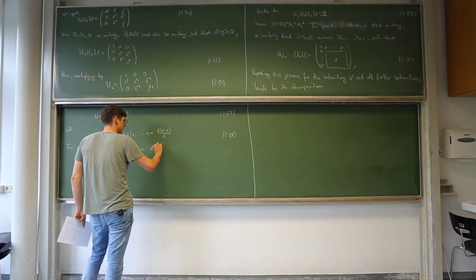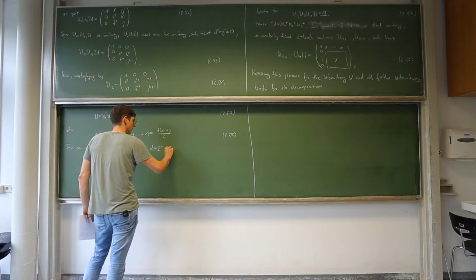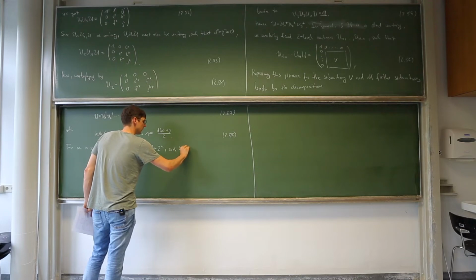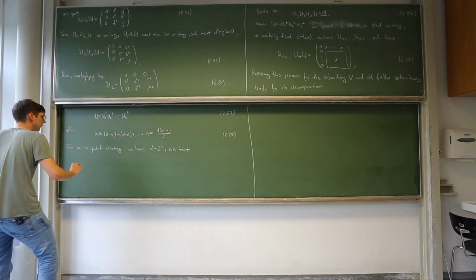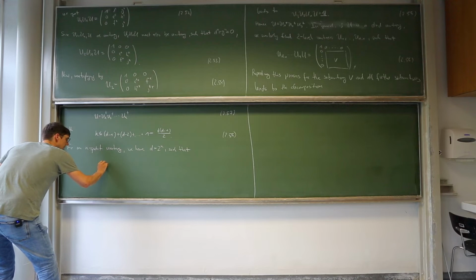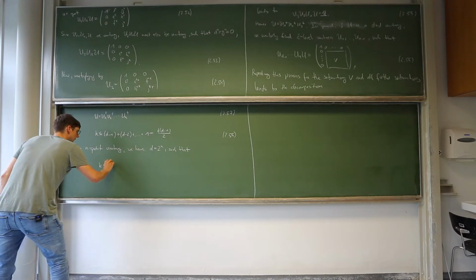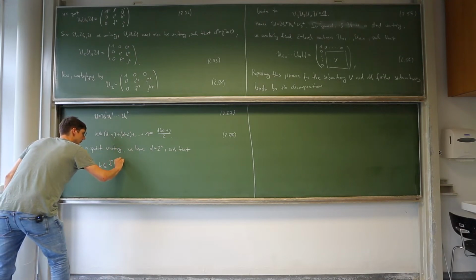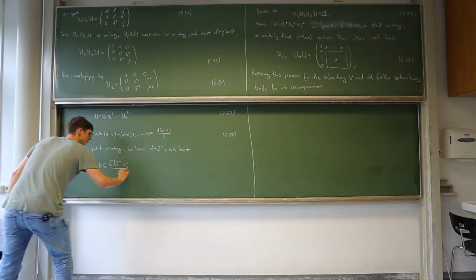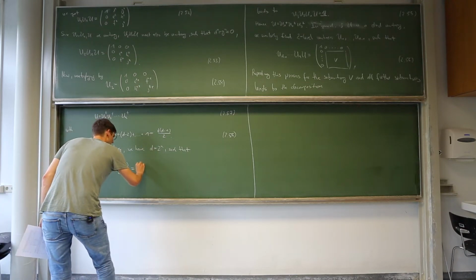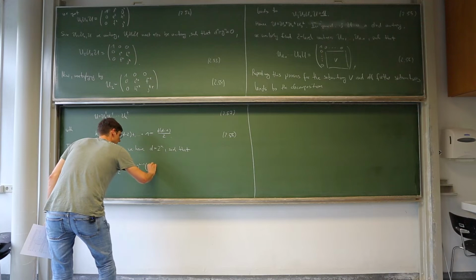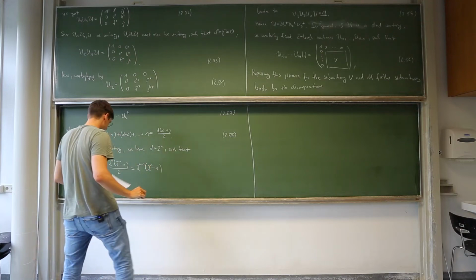d is 2 to the power of n, such that the number of two-level unitaries we need, k, is smaller or equal, let's plug this in, 2 to the power of n times 2 to the power of n minus 1 over 2, which is 2 to the power of n minus 1 times 2 to the power of n minus 1.